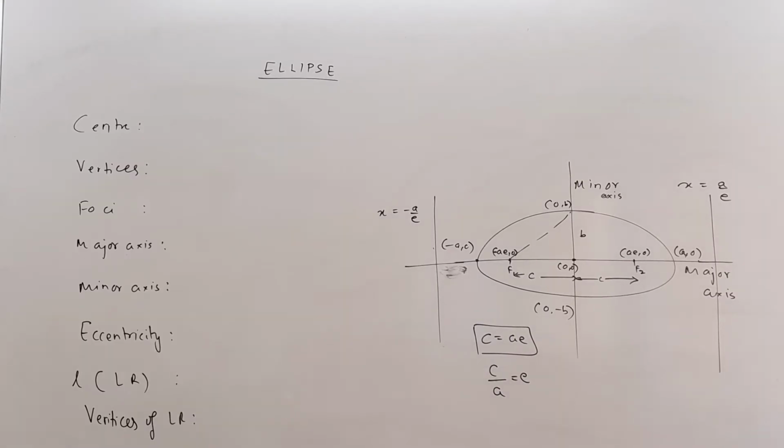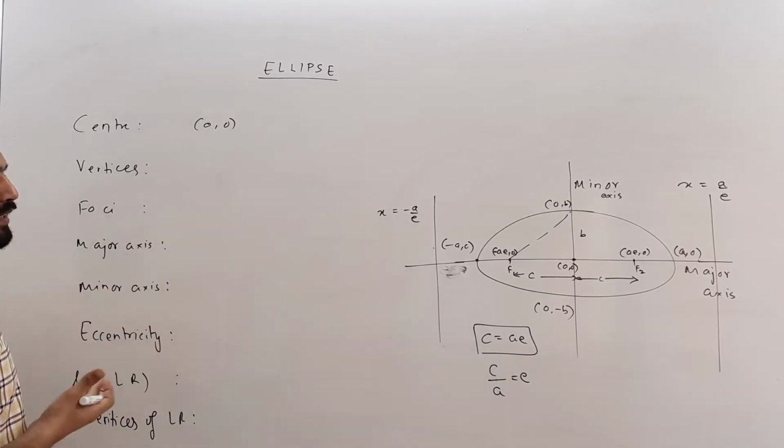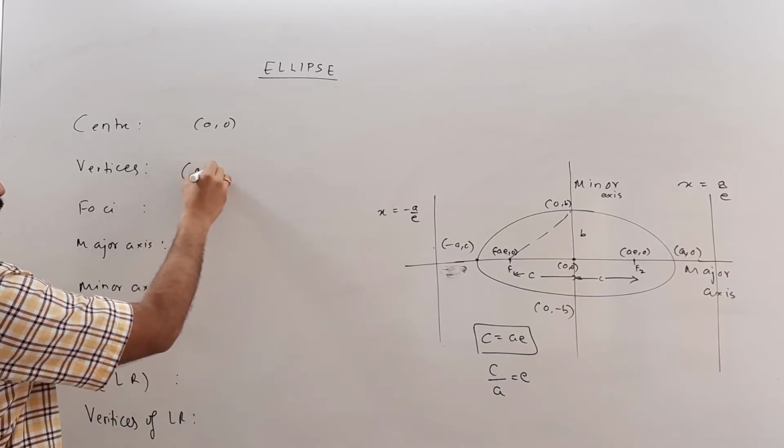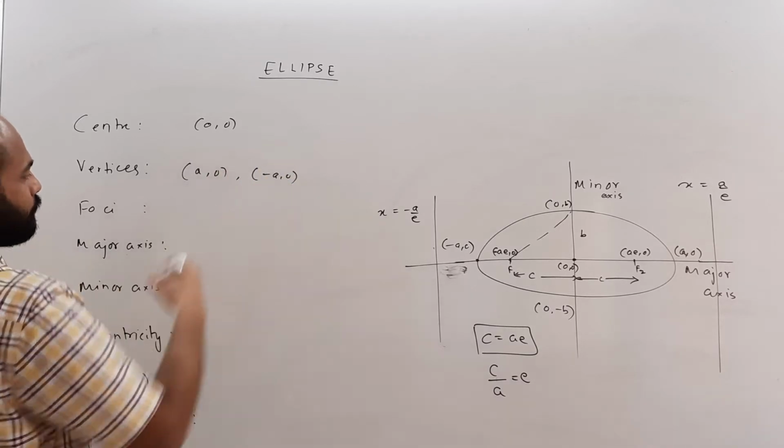So let's look at these aspects of the ellipse. We have seen that the center is (0, 0). Vertices are going to be (a, 0) and (minus a, 0).